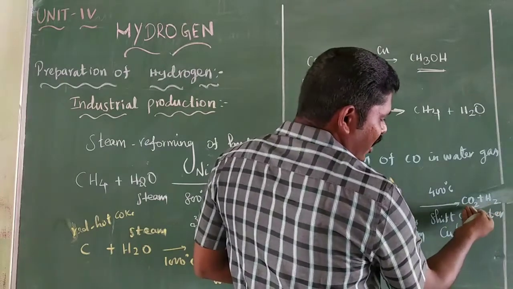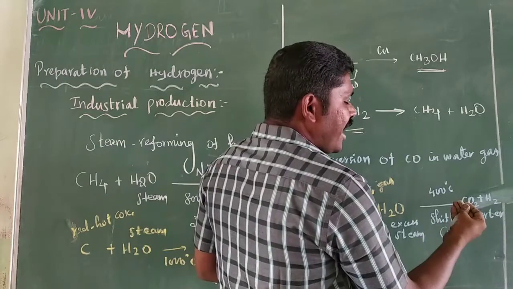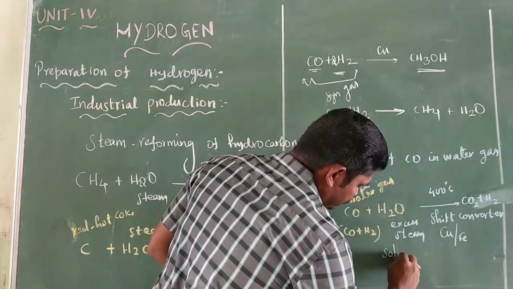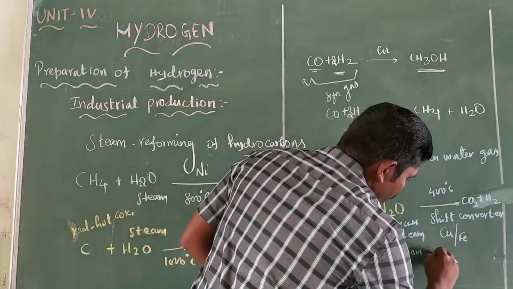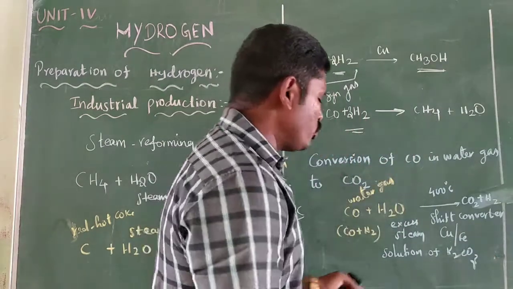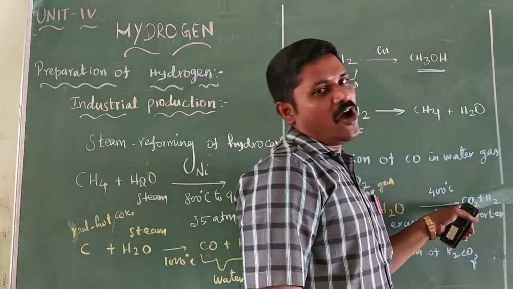The carbon dioxide is absorbed using a solution of potassium carbonate. Okay, so use the solution of potassium carbonate to absorb carbon dioxide gas.